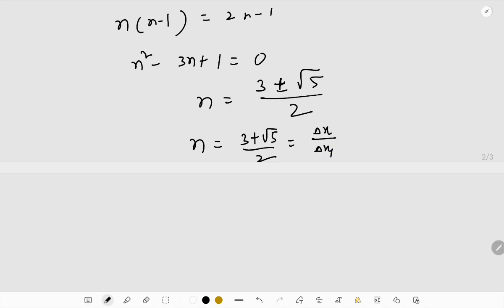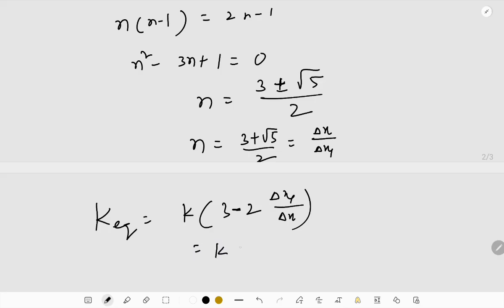So our k equivalent can be written as k3 minus 2 delta x1 by delta x, and this becomes k3 minus 2.